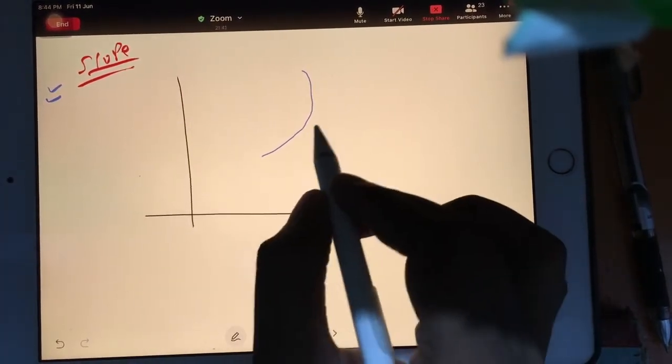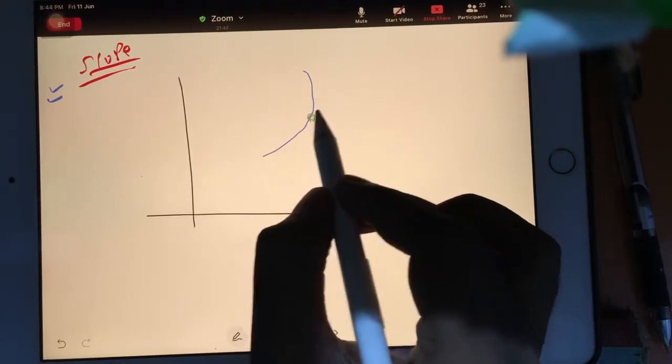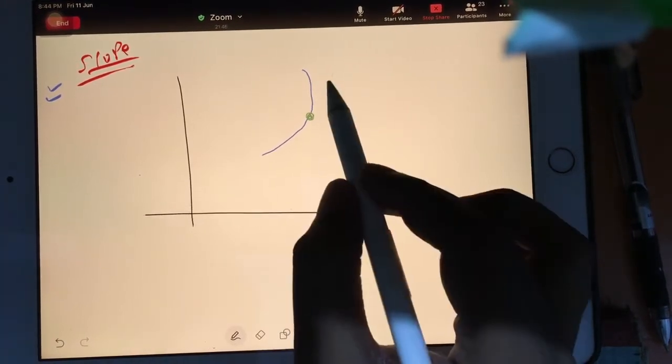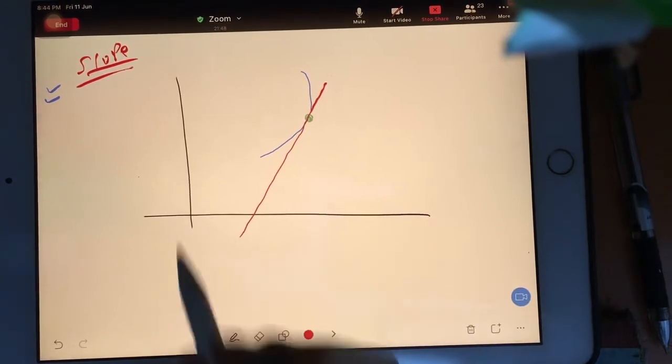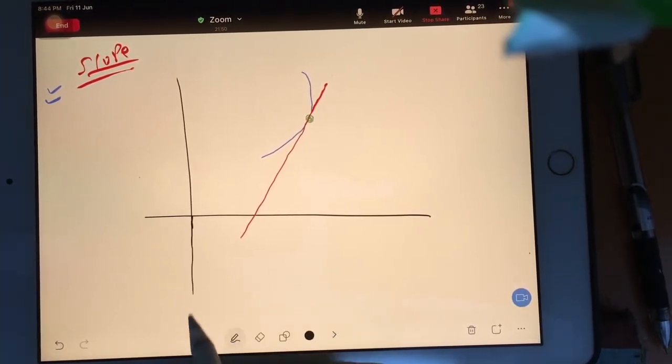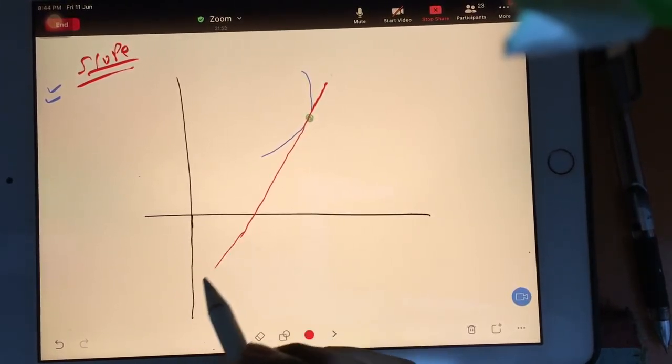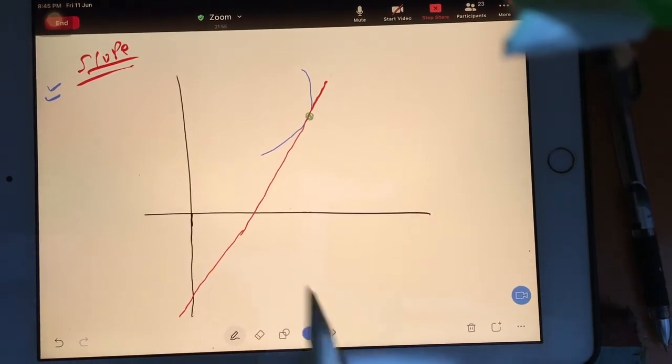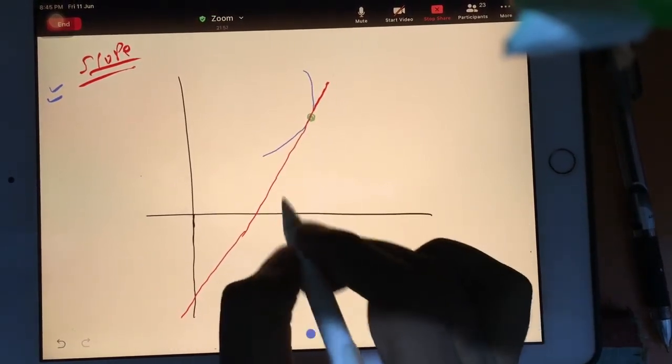Slope means at any point you draw the tangent. Now see, this tangent is making an angle.